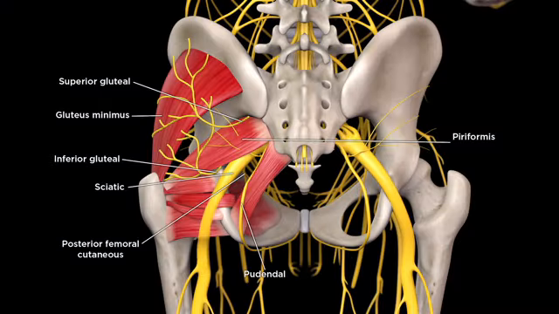If you recall, the superior gluteal nerve enters the gluteal region above piriformis, supplies gluteus medius and minimus, and then continues around the lateral aspect of the hip to reach the tensor of the fascia lata.